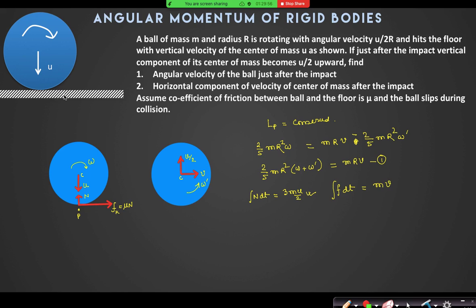So v I can find in this way only. So mv is equal to mu into 3mu by 2. V is equal to 3 mu into u by 2.